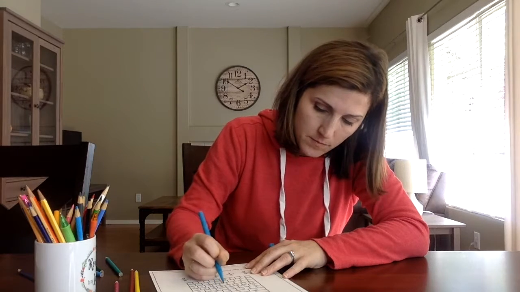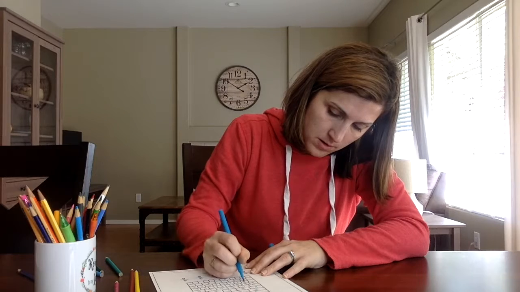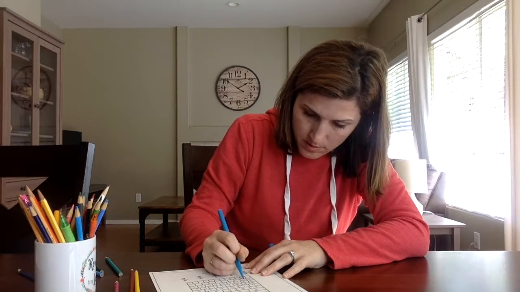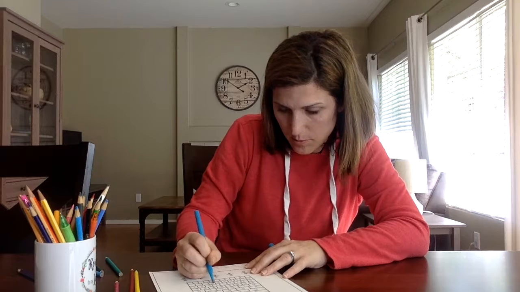I'm on my eighths. Okay, now I've got ninths. Remember, there's no sevenths on the fraction strip. Ninths, tenths. I guess another drawback is it does take a while to make.